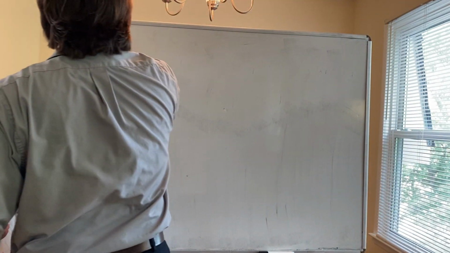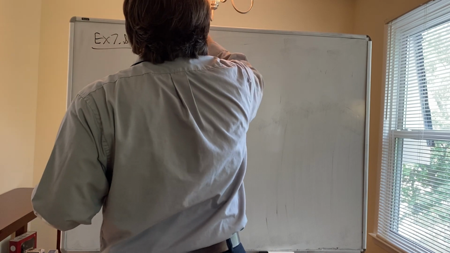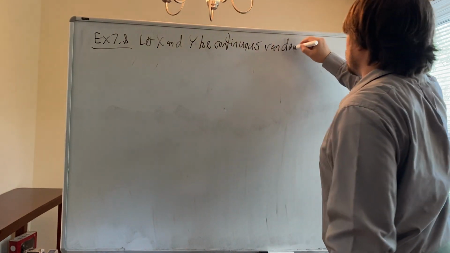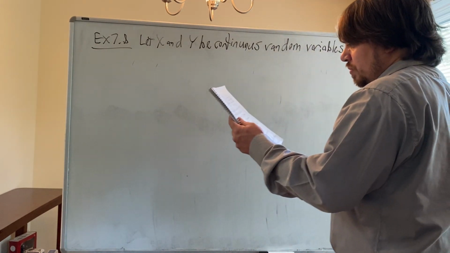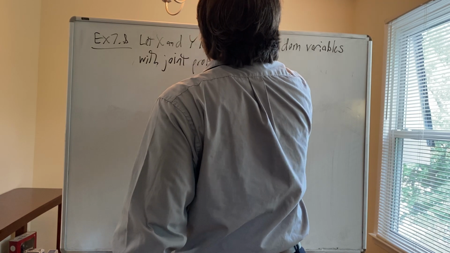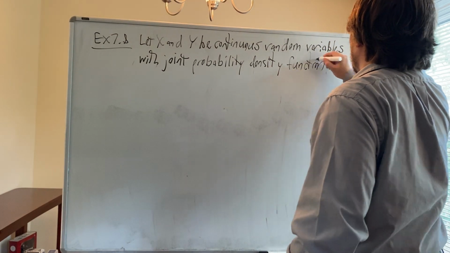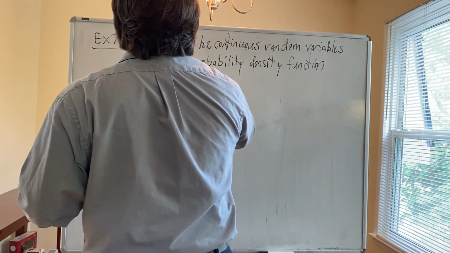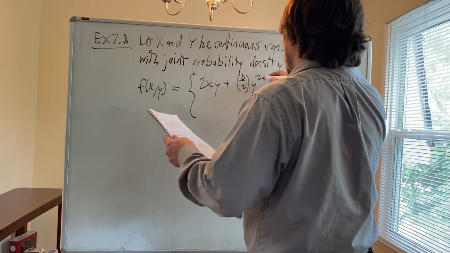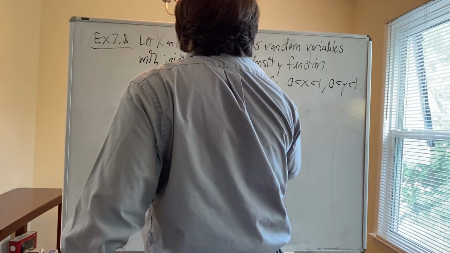For example 7.8, let x and y be continuous random variables with joint probability density function little f of x comma y equal to 2xy plus 3/2 y squared for 0 less than x less than 1, 0 less than y less than 1, and 0 elsewhere.